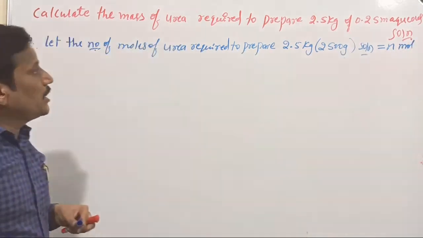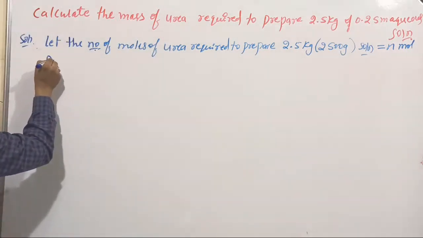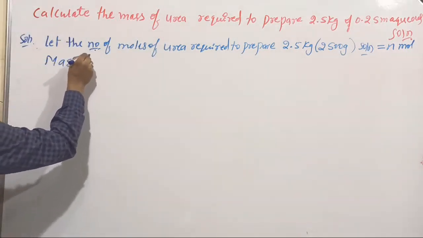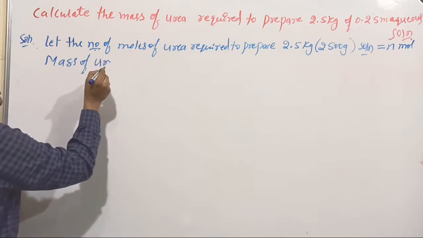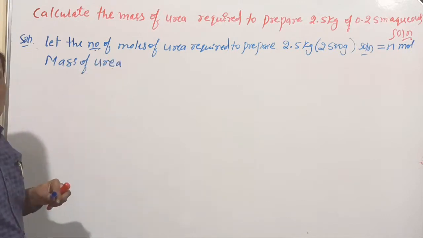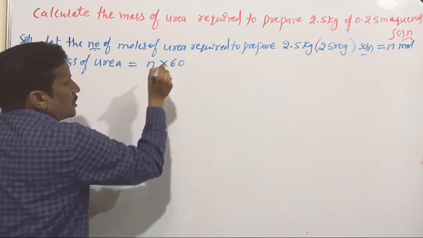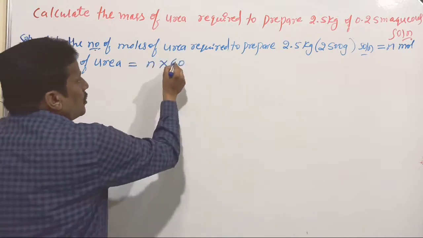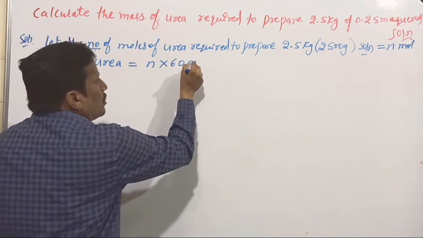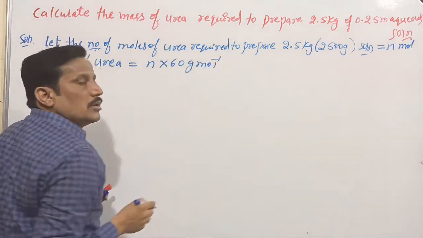Then mass of urea, what we do? That only they are asking to calculate. Mass of urea is equal to number of moles, n mole, into 60 gram per mole.